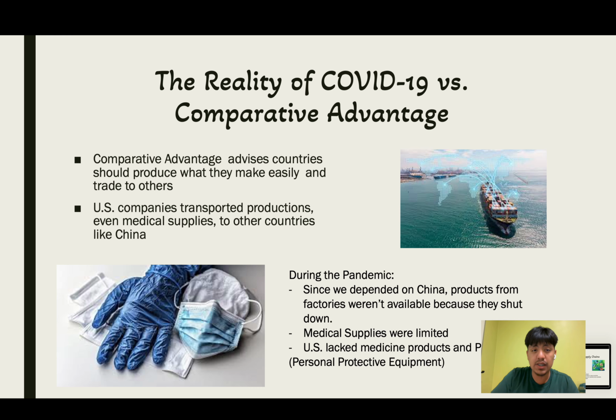And then US companies transported production, even medical supplies, to other countries like China to be affordable and less costly. During the pandemic, since the US mostly depended on China, products from factories weren't available since they shut down due to the sickness and deaths coming up. Medical supplies were limited, like PPE in the short term, which is protective equipment.